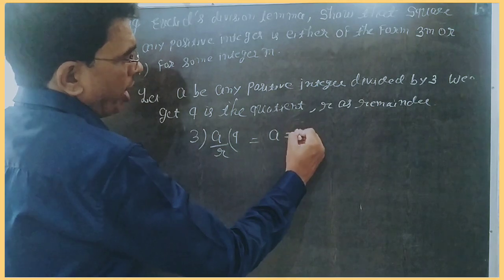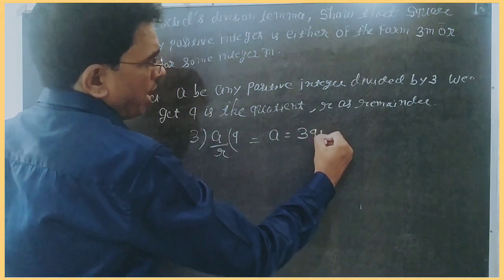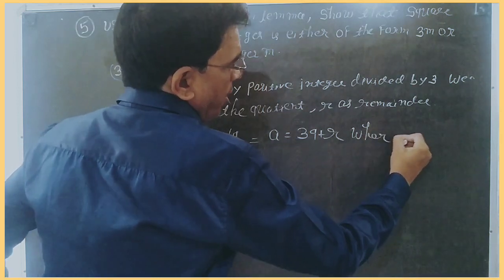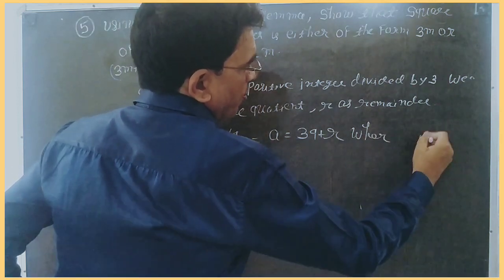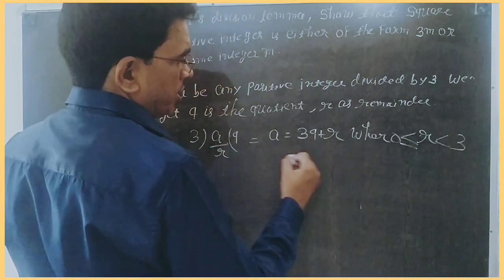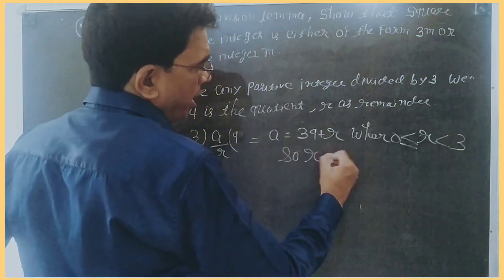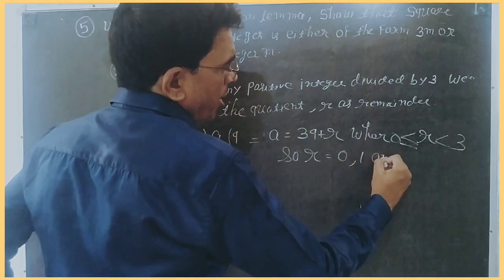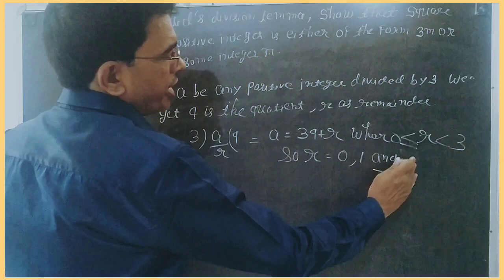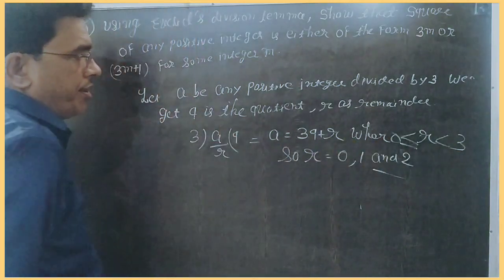So a is equal to what? 3q plus r, where r is greater than or equal to 0 and less than 3. So what is r? 0, 1 and 2. Because divided by 3, the remainder is always less than 3.